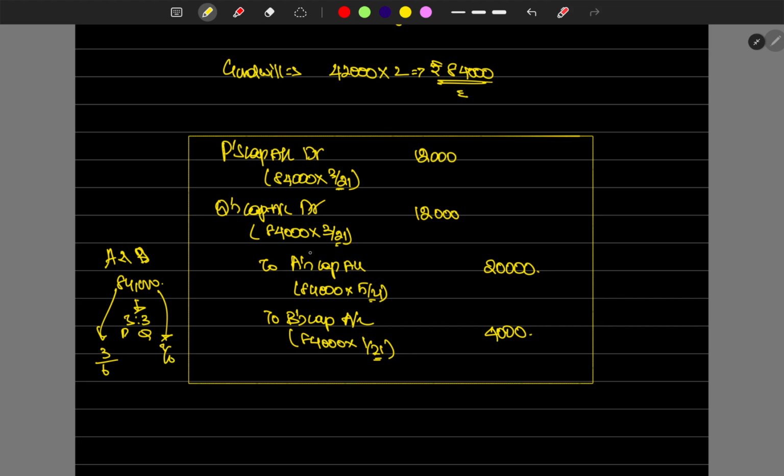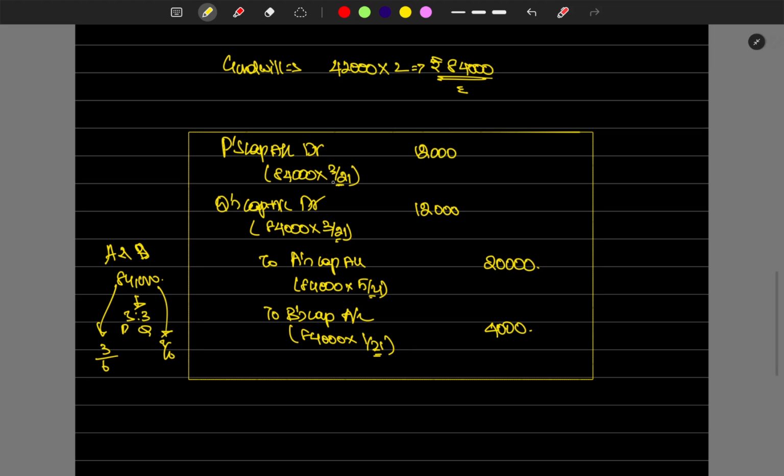So what about A and B? For that we take 21 as the base value, and the entire 21 is for all the partners, and 3:3 is the sacrificing ratio of P and Q. Okay, so the total goodwill is 21.